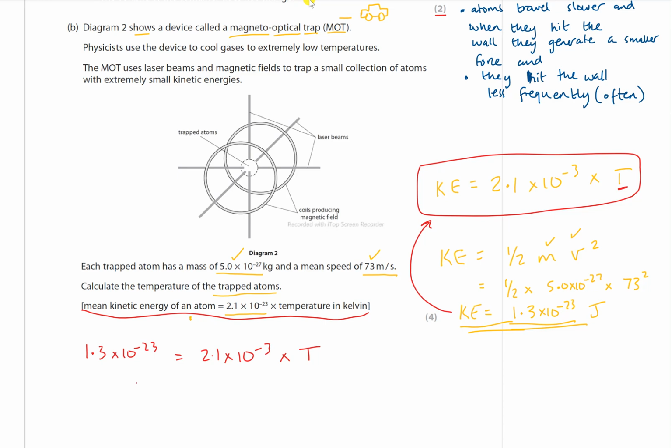And then we rearrange for temperature, because this is physics, let's not take a shortcut, although the mark scheme misses this step out. 0.63 Kelvin. Temperature in Kelvin. Okay, that's it.